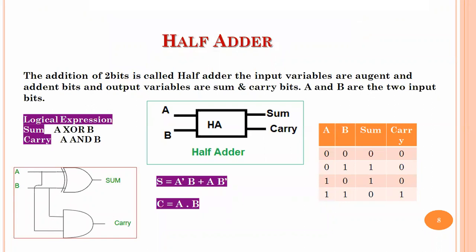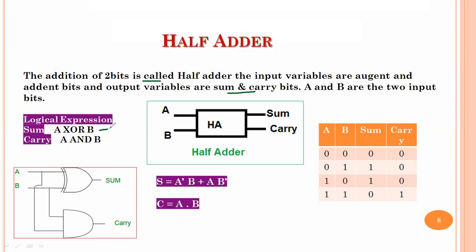So then we have the half adder. We have already discussed that in a half adder only 2 bits are used as inputs and 2 bits are the outputs, sum and carry are the output bits, and A and B are the 2 input bits.